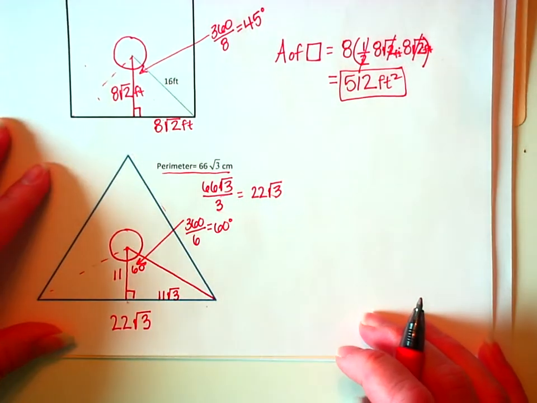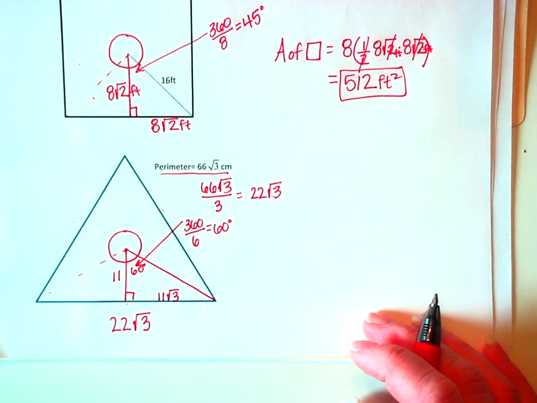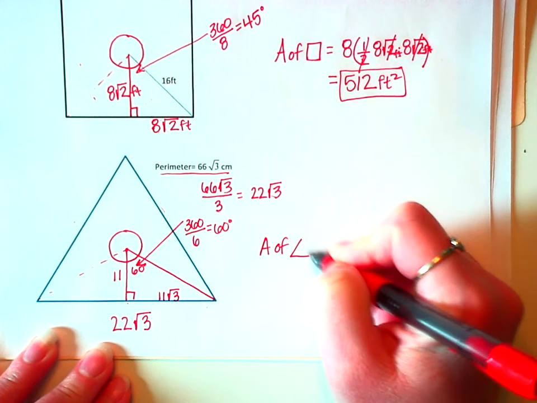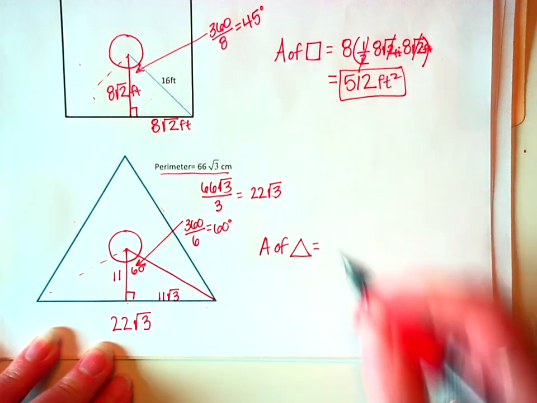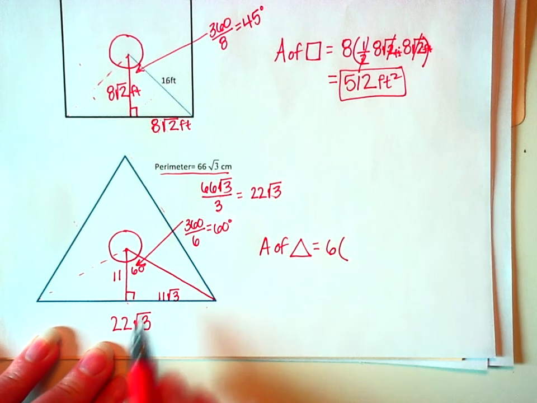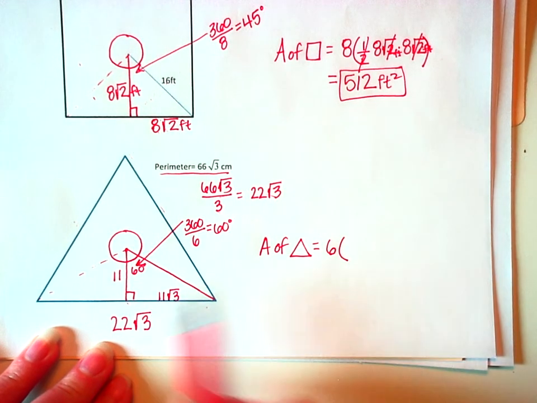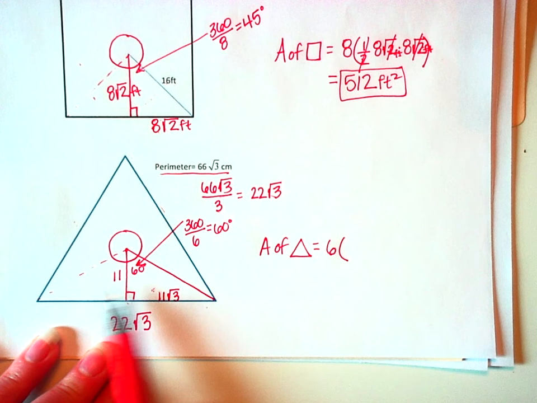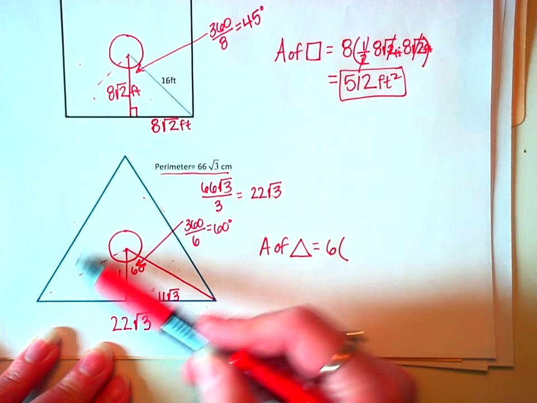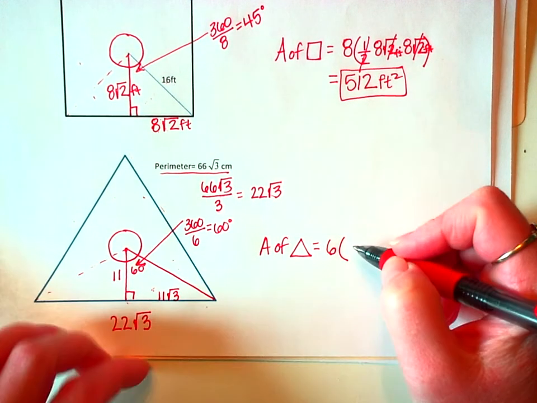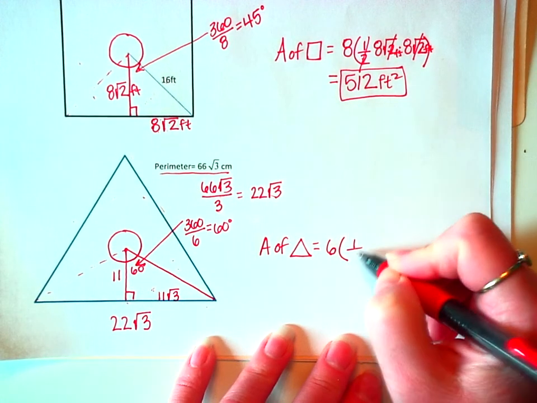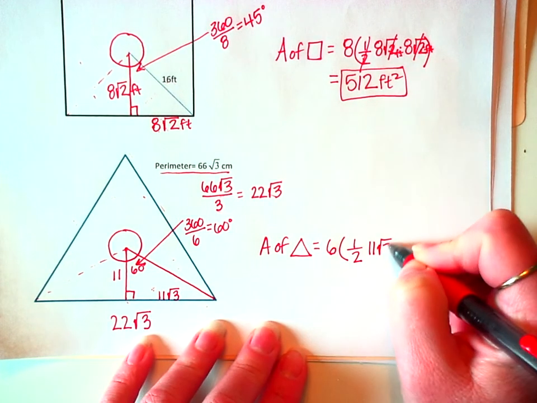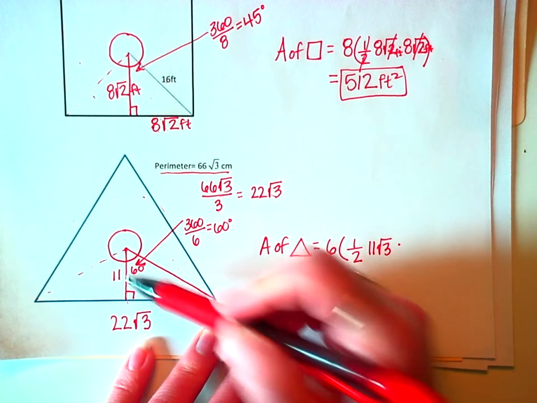So we now have enough information that we can find the area of our triangle. The area of this big triangle is going to be equal to 6 times the area of this right triangle. Again, I'm multiplying by 6 because there are 6 of these right triangles. For the area of the triangle, we just do 1/2 the base, which is 11 square root 3, times the height, which is 11.